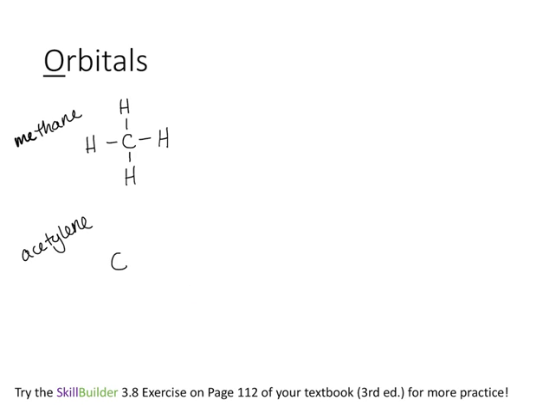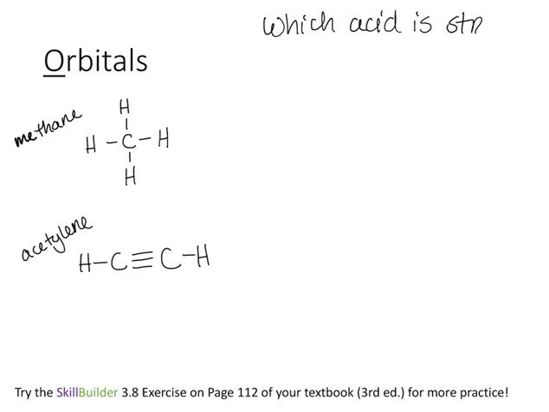Acetylene has 2 carbons with a triple bond, and each carbon has a hydrogen. Okay, so again, we're asking which acid is stronger. And again, we're comparing the conjugate bases and their stability.